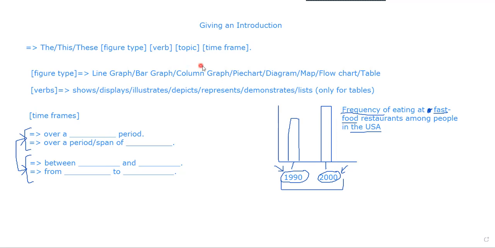I was saying that the topic is only a single part of the introduction that you are going to write. The main paraphrasing occurs in the topic. However, that is only a single part of the introduction. There are several other things that you need to include to write an appropriate introduction. So these are the strategies that you will use to give an introduction.